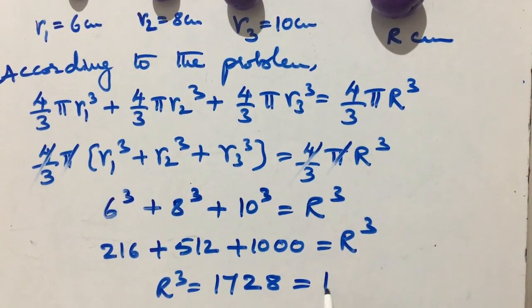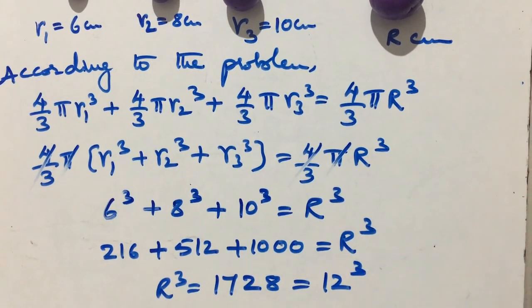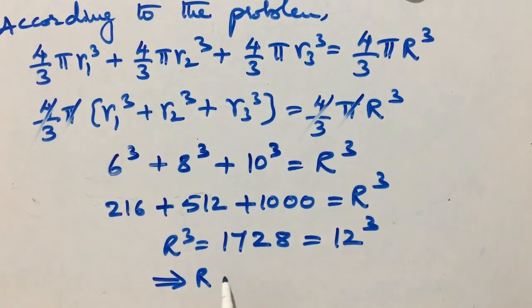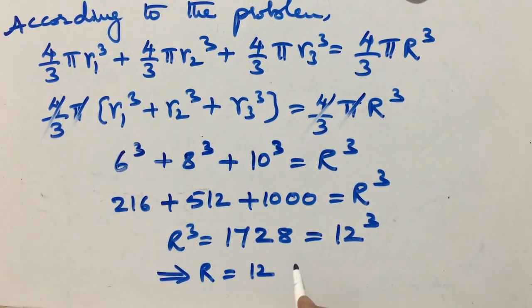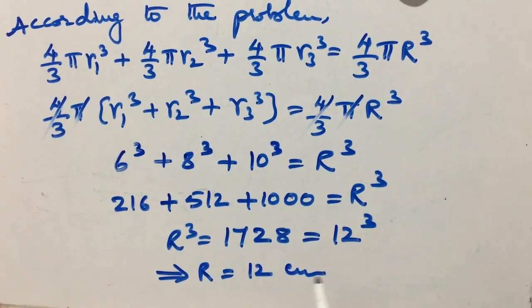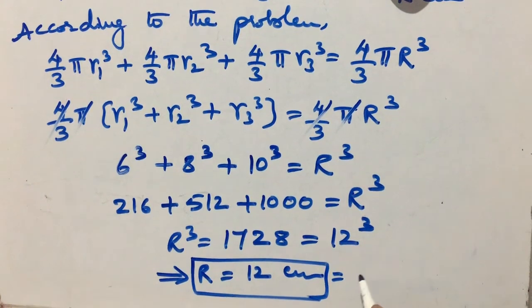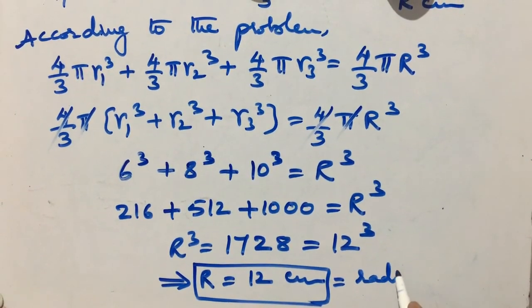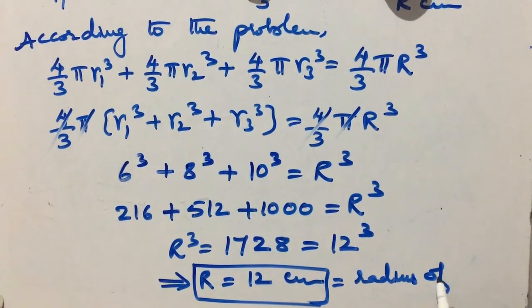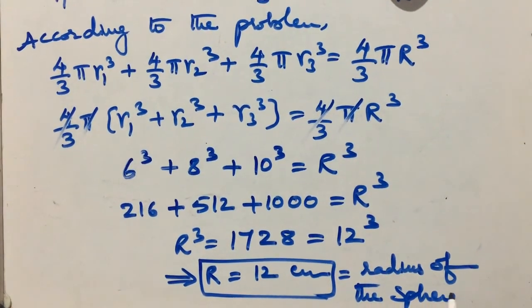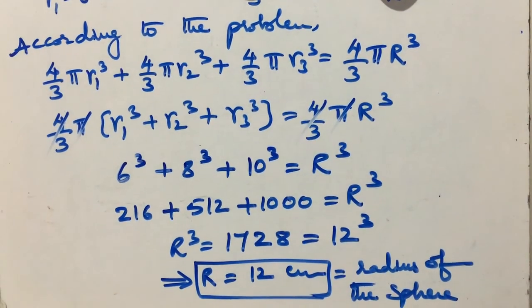This can be written as 12 cube. So implies R is equal to 12. What are the units? Centimeter. So this is nothing but the radius of the sphere, the required one, the resultant sphere radius this is.